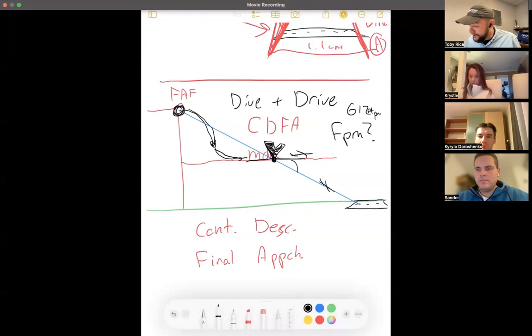In the jet, I personally recommend if I'm coming in on the final approach and I do not see the runway by the VDP, I'm going to go ahead and level off, or climb to my missed approach altitude. And then once I'm at my missed approach point, I'll execute the procedure.